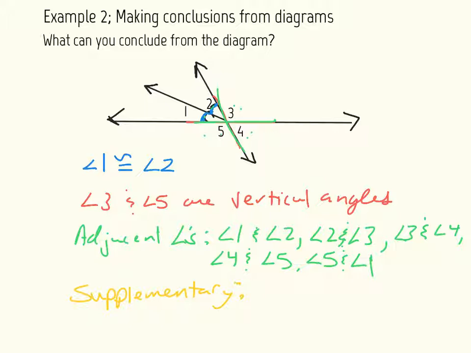So supplementary: 3 and 4, that's a line. So angle 3 and angle 4 are supplementary. Also, angle 4 and angle 5 are supplementary. And that's all we can say for sure. Maybe if we knew the angle measures, we could know more, but that's all we can say for sure.